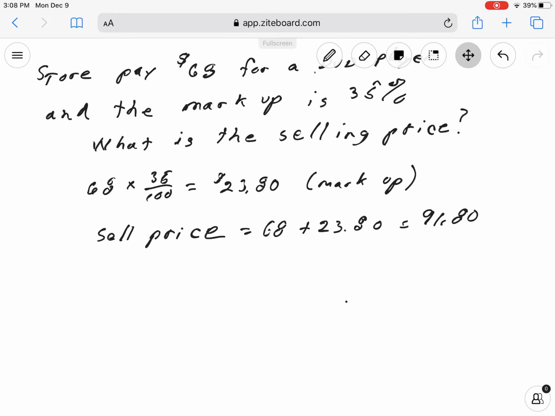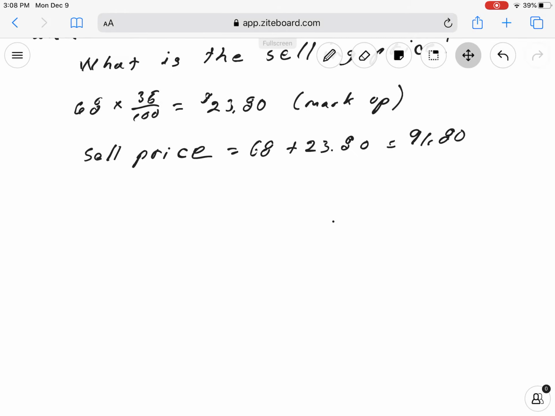And then the other thing that we're often interested in is discounts. So you will see a sale price.